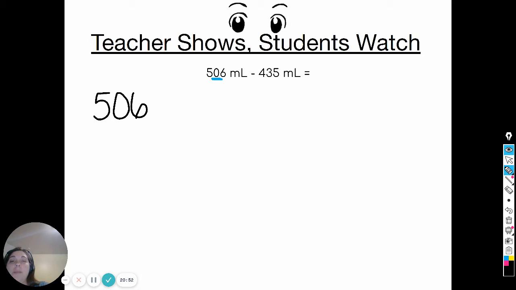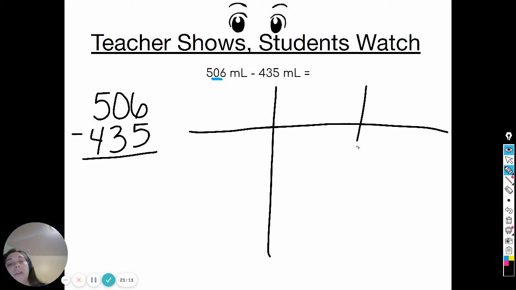So first I set it up in the standard algorithm, 506 minus 435. Make sure you're watching. It'll make the next example we do a little bit easier, okay, if you're really paying attention for this one. I lined up my hundreds, my tens, and my ones. Now I draw my hundreds chart.